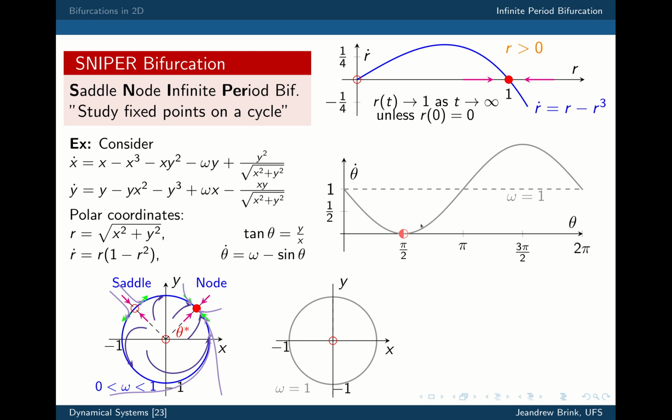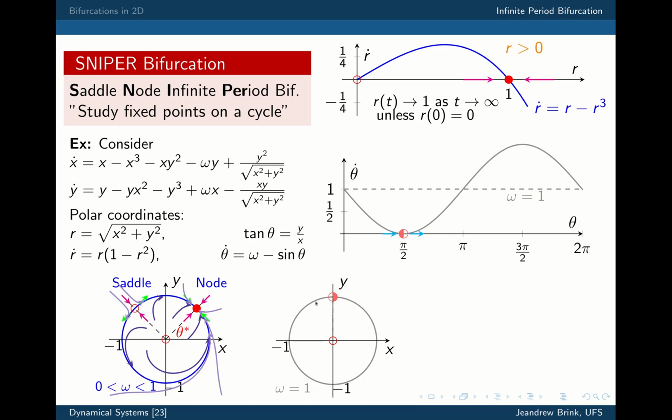So you're going to have this half-stable fixed point at pi over 2 where the theta dot curve is equal to 0, and we see that for angles less than pi over 2, they're going to increase. They're going to be temporarily stationary at pi over 2, and if they are bigger than pi over 2, they're going to run away. Theta is again going to increase.